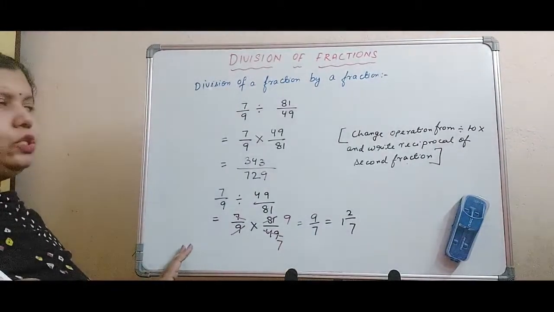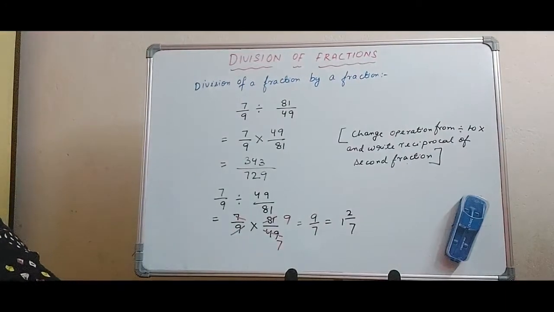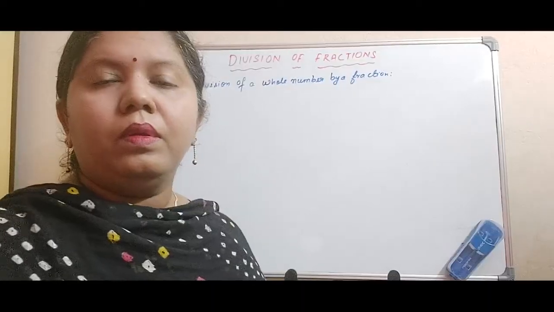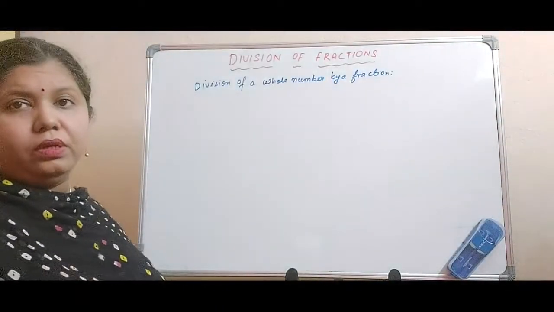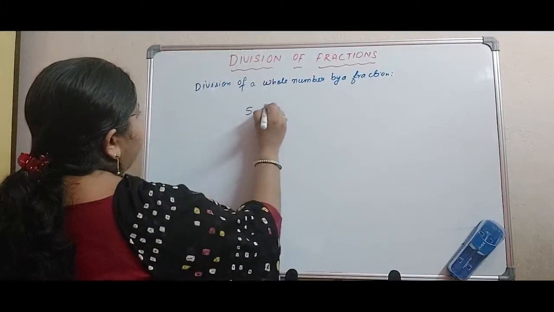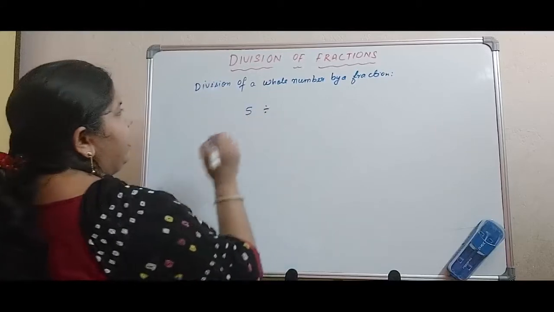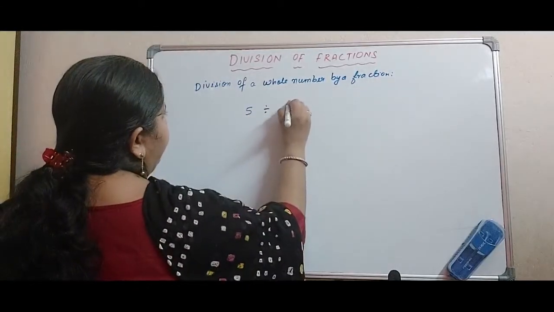I hope you have understood how to divide a fraction by another fraction. Now the next is division of a whole number by a fraction. Suppose I divide 5 by a fraction that is 5 by 9.